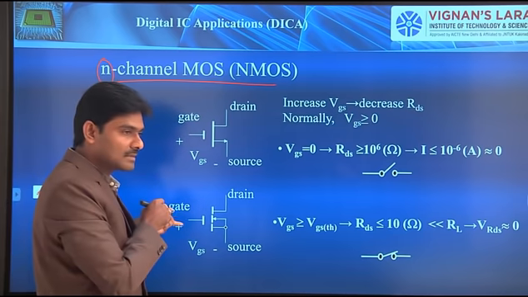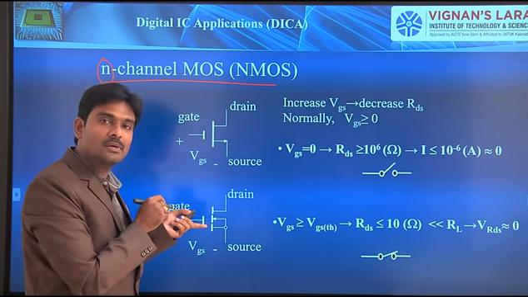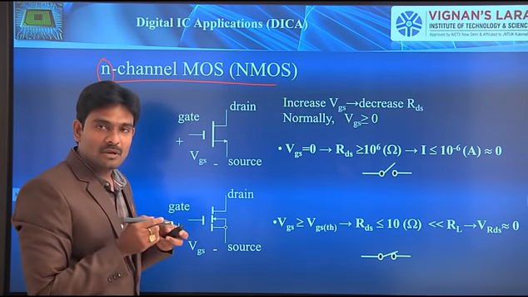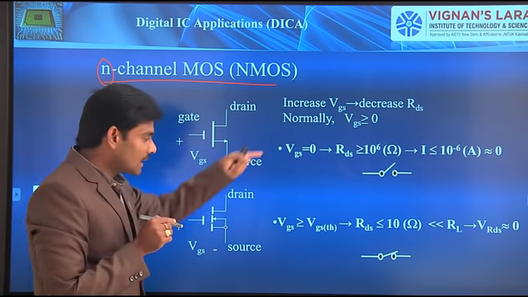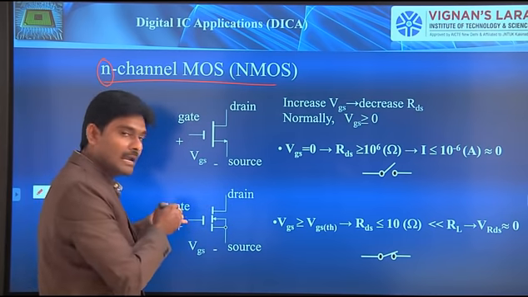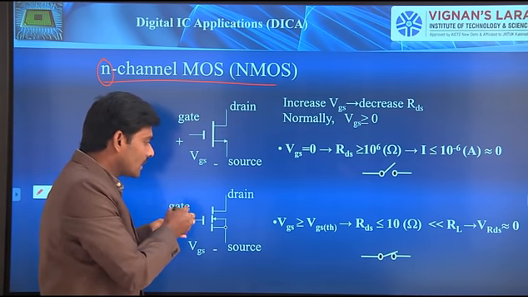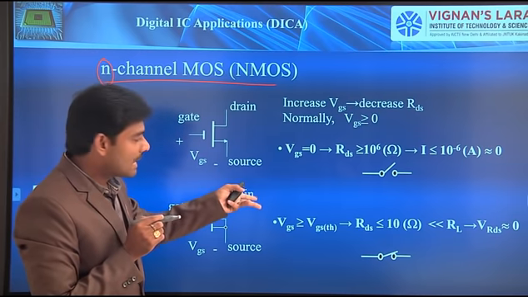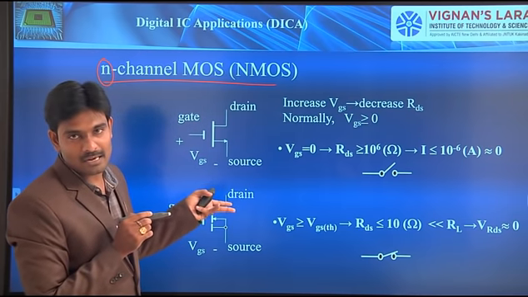As I mentioned previously, the MOS transistor acts like a voltage controlled resistance: by applying voltage at the gate, you can control the resistance between the other two terminals, source and drain, which are the ends of that resistance.